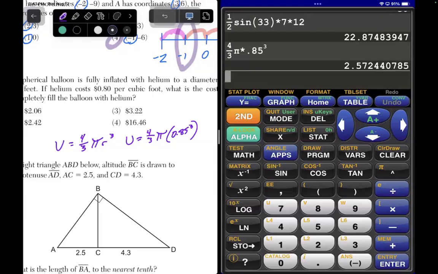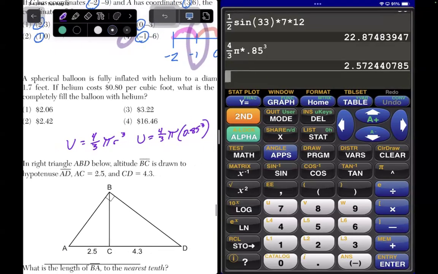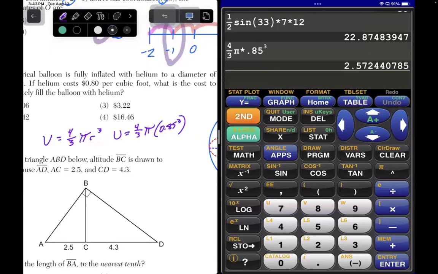That's 2.5724 something, which is none of the answer choices. That is, again, shocking to me that they didn't do that. It's cubic feet, so the volume is 2.57 cubic feet. And helium costs 80 cents per cubic foot.